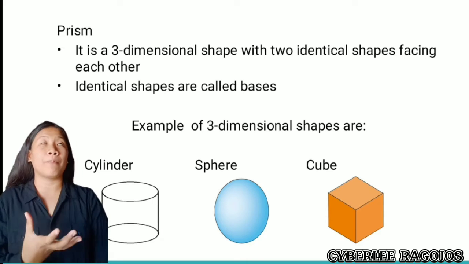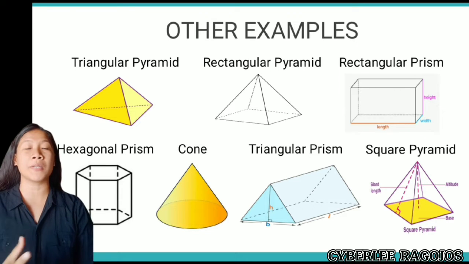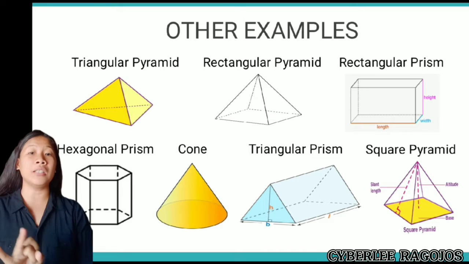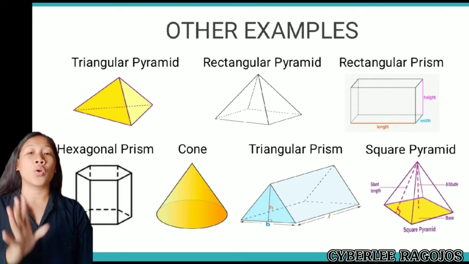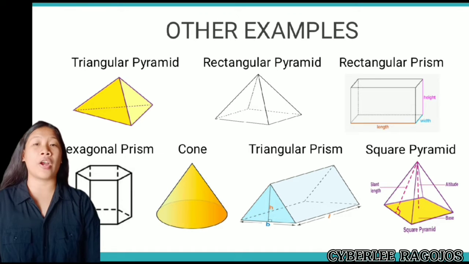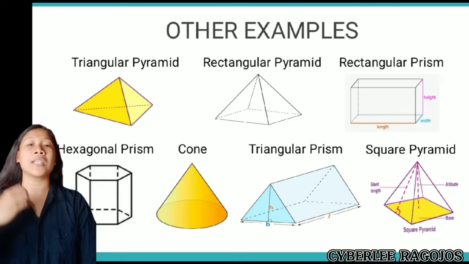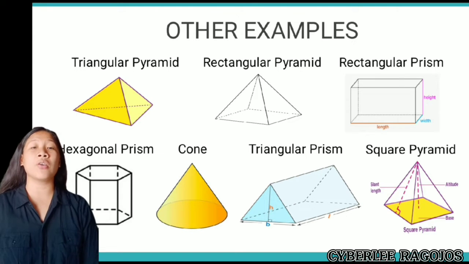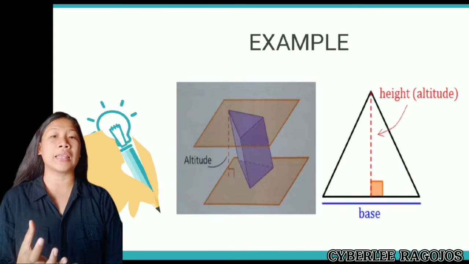So, the examples of these three-dimensional shapes are triangular pyramid, rectangular prism, hexagonal prism, cone, triangular prism, and square pyramid. So, yun yung mga example na kung saan may dalawang shape sila na magkaparehas na tinatawag na bases. So, ano nga ba yung bases dito sa prism?